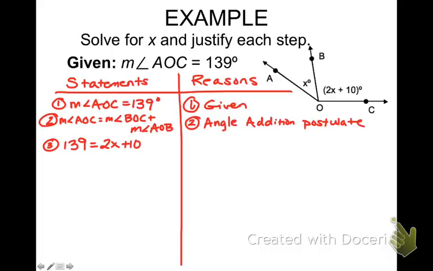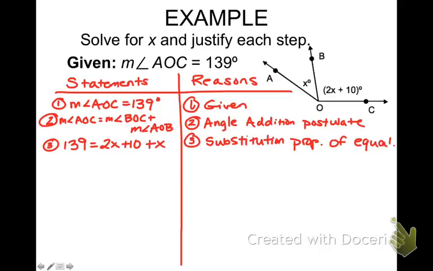The measure of angle AOB is x. Which property did we just do? Substitution. Substitution property of equality.